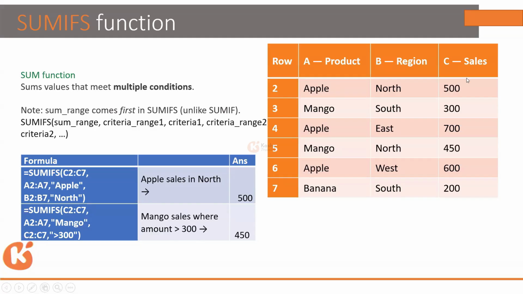We have given SUMIFS with C2 to C7 because this is the range that we want, and then A2 to A7 with Mango, then C2 to C7 greater than 300. You can see it gives 450. Here one value is equal to 300, but we have given greater than 300, so it is only 450.